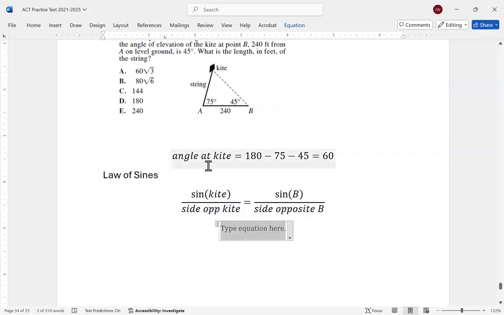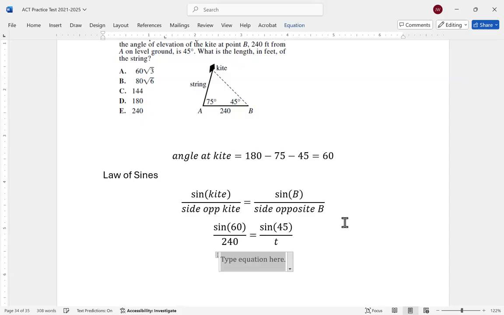Now I know that the angle at the kite is 60 degrees. So sine of 60 divided by 240 is going to be equal to sine at B, which is sine of 45 degrees, divided by the side opposite of B, which is the string. I'm just going to call that T for string.